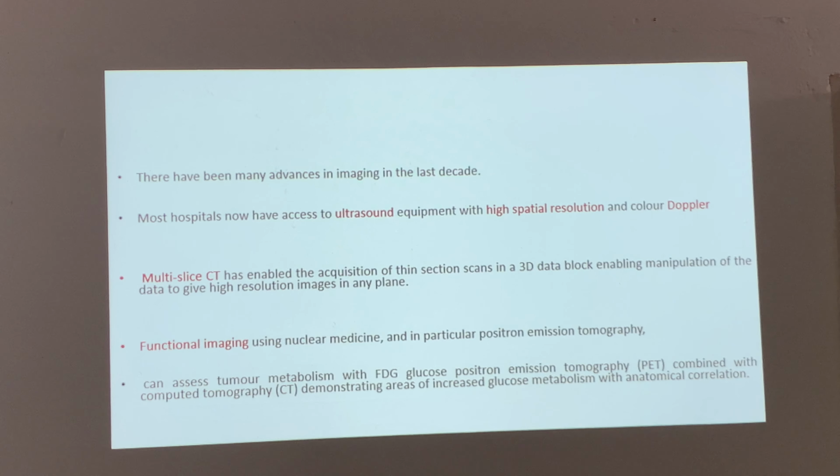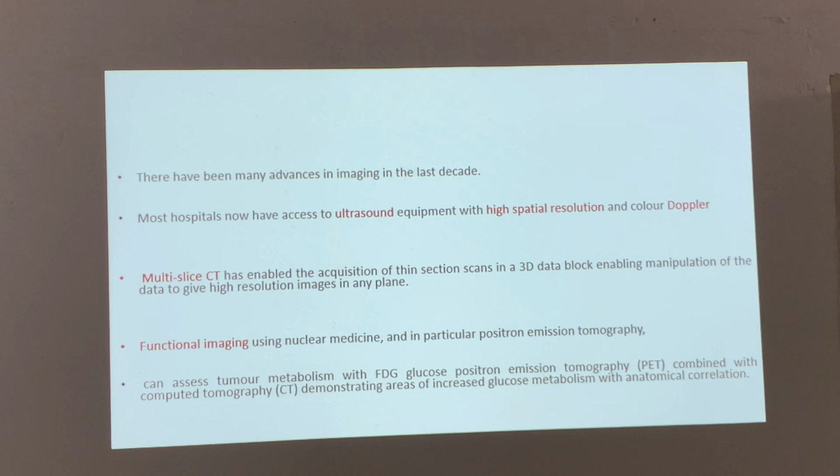Functional imaging using nuclear medicine, and in particular positron emission tomography, can assess tumor metabolism with FDG glucose. Positron emission tomography combined with CT demonstrates areas of increased glucose metabolism with anatomical correlation. So the development in the last decade has been phenomenal.